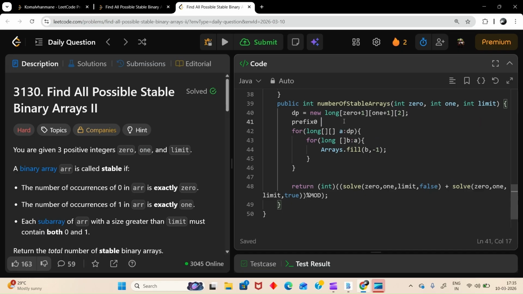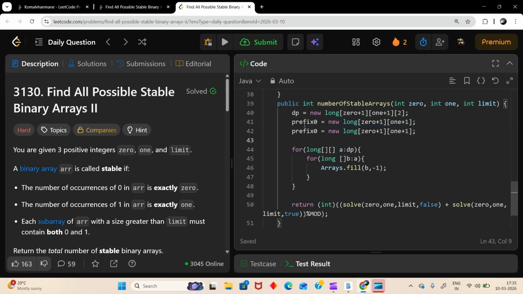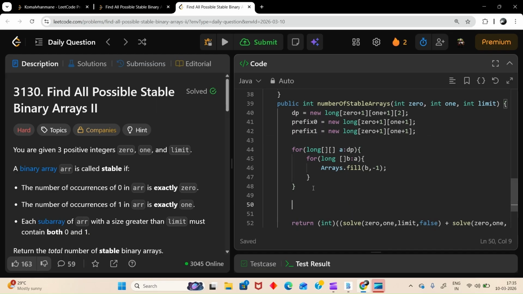Prefix of 0 is equal to new long, and prefix of 1 will also be the same. Now what we have to do is calculate.